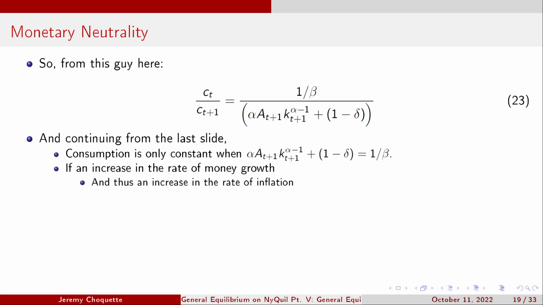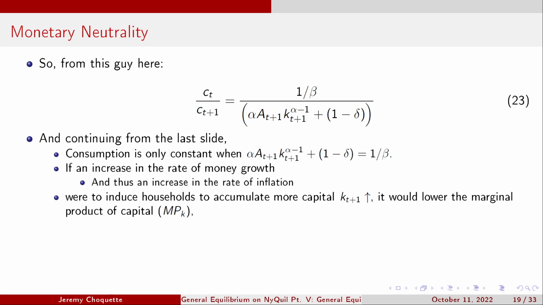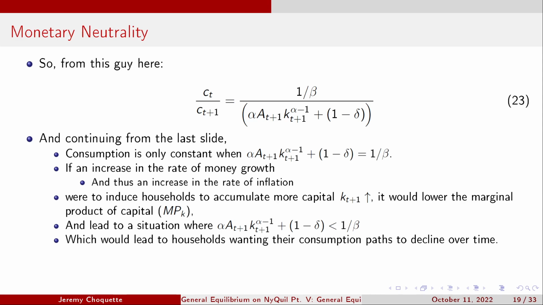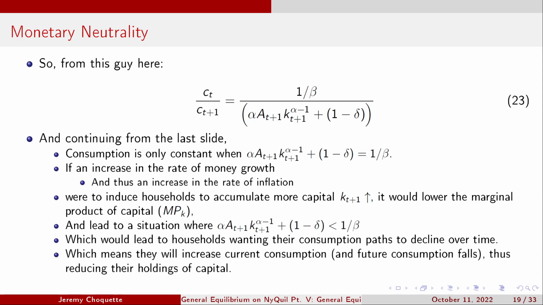So if there's an increase in the rate of money growth, let's say an increase in the rate of inflation, and it were to induce households to want to accumulate more capital, it would lower the marginal product of capital, and lead to a situation where the marginal product of capital less depreciation is less than 1 over beta. That leads to households wanting their consumption paths to decline over time, which means households will increase their current consumption, and thus future consumption would fall, reducing their holdings of capital.